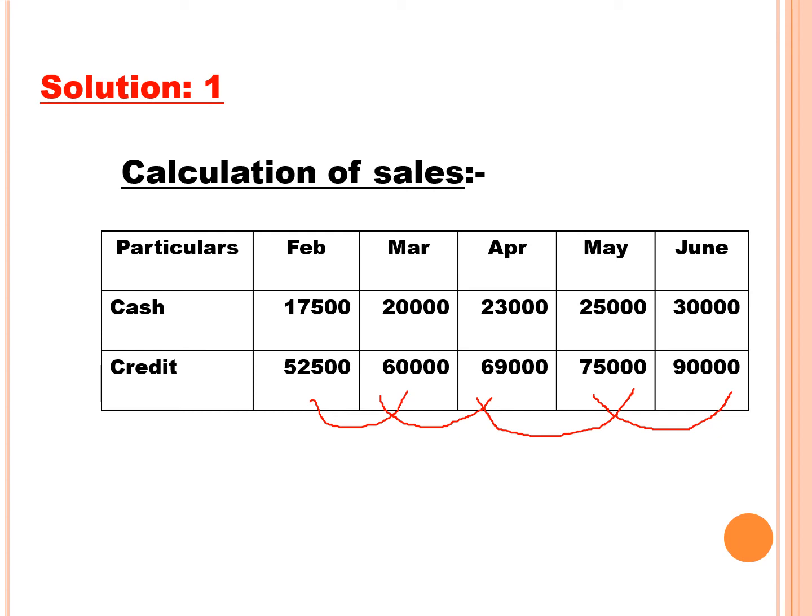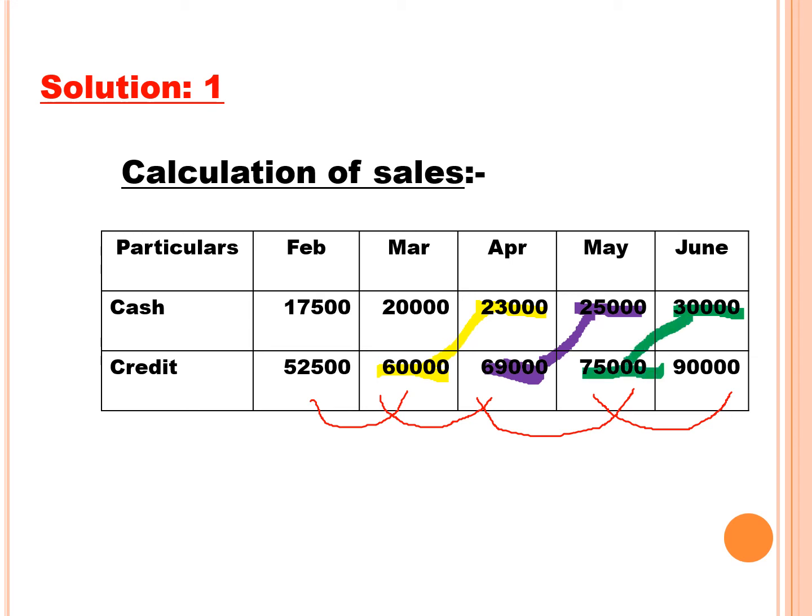So kindly look here, students. You receive 23,000 and 60,000. Next, for the month of May, you receive 25,000 and 69,000. Next, for the month of June, you receive 30,000 and 75,000.